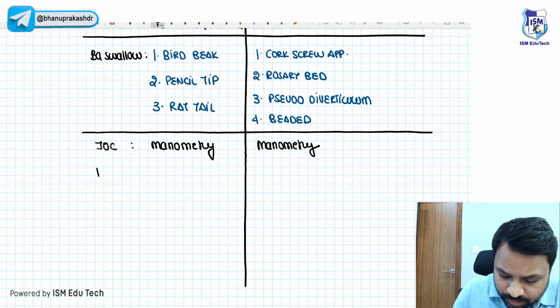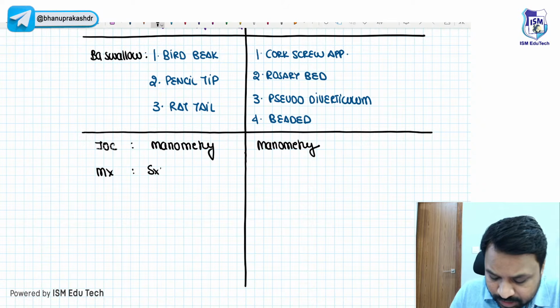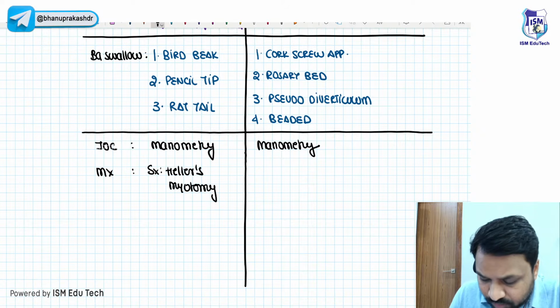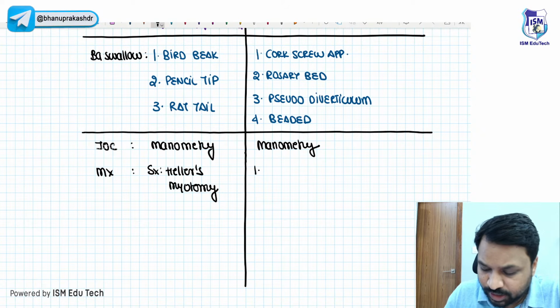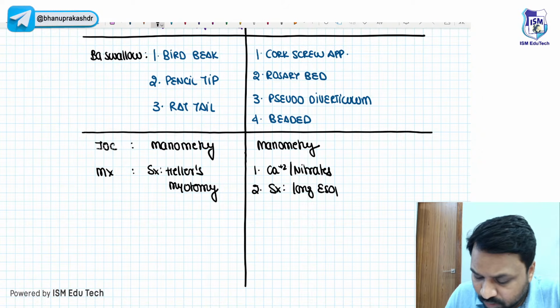When it comes to management, here we can go with surgery, that is Heller's myotomy. Whereas here, initially you can go with calcium channel blockers or nitrates, but eventually you have to go with surgery, that is long esophageal myotomy.